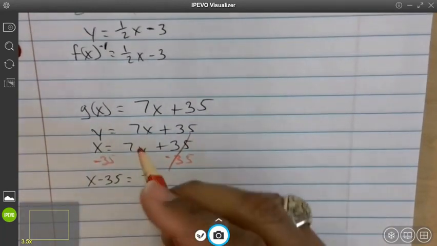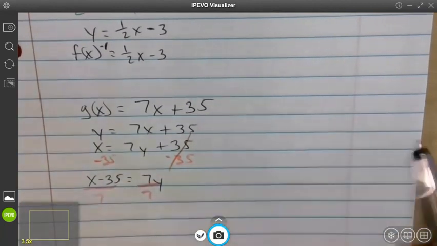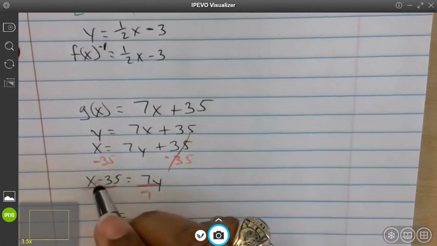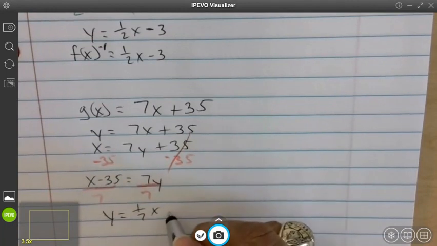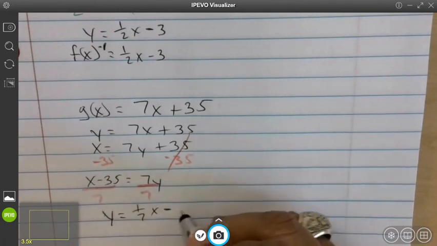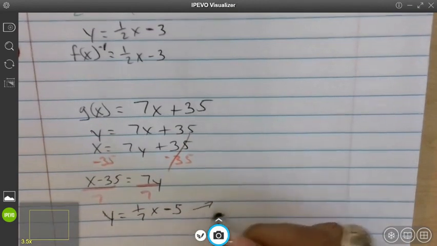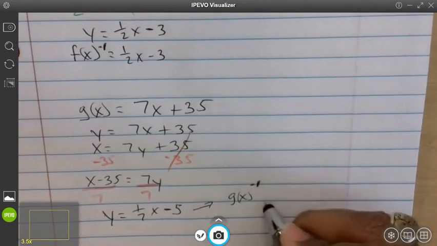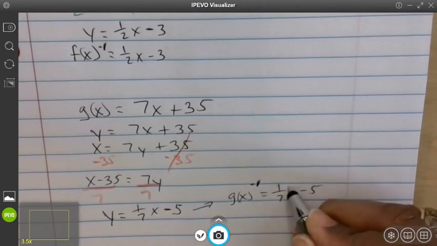Then we divide everything by 7. I'm just flipping it because I like it with the y on the left side. So y equals x over 7, which is the same thing as 1 over 7x, minus, and then we can divide here, because 35 divided by 7 is 5. Now when I write it as a function, g of x, the negative 1 means inverse, 1 over 7x minus 5.